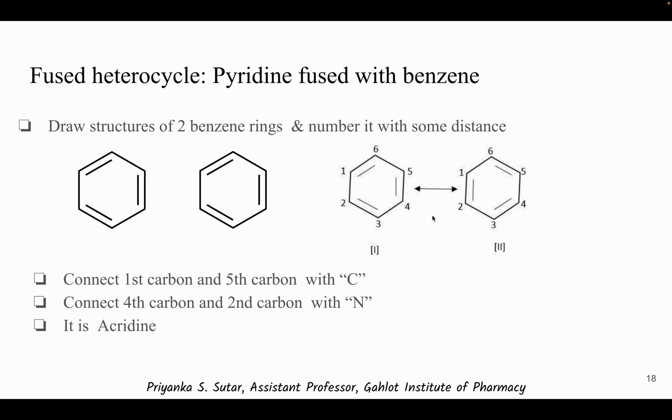Okay, and the structure which you get is acridine. So you can pause the video and write down the structure. That is acridine. So this is the structure of acridine.